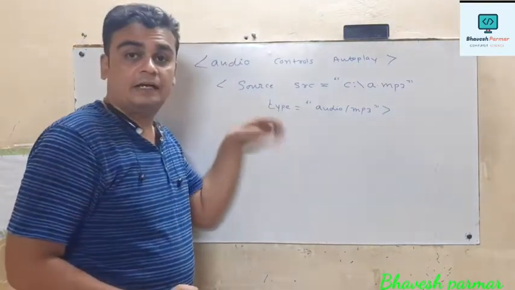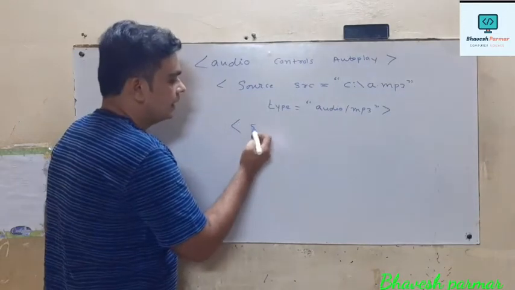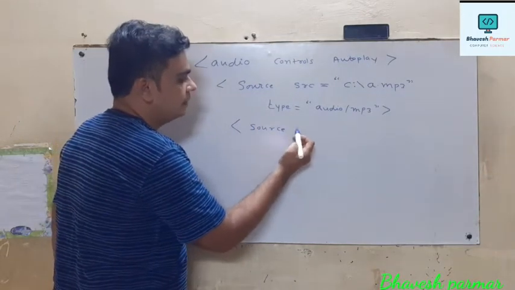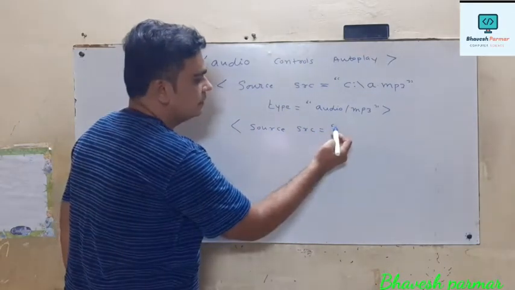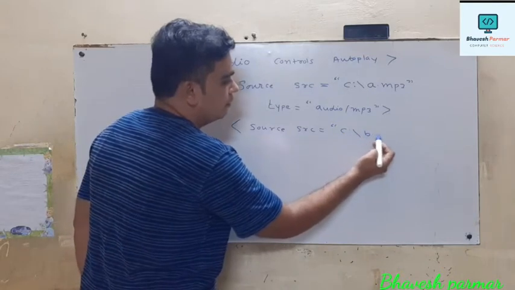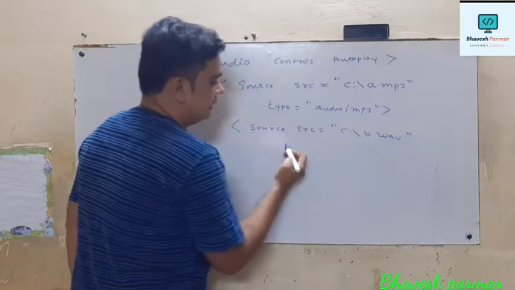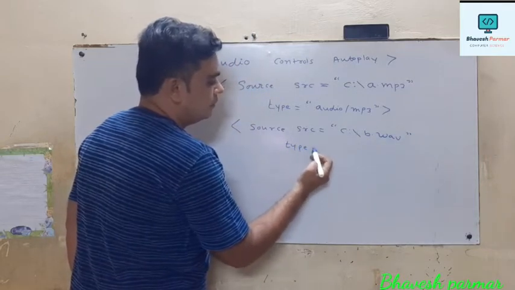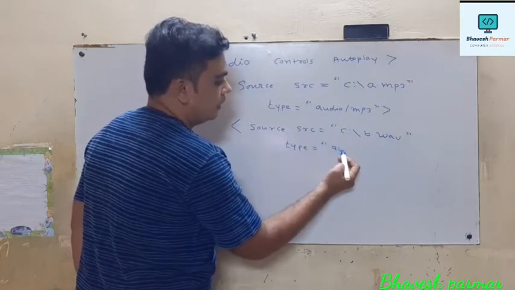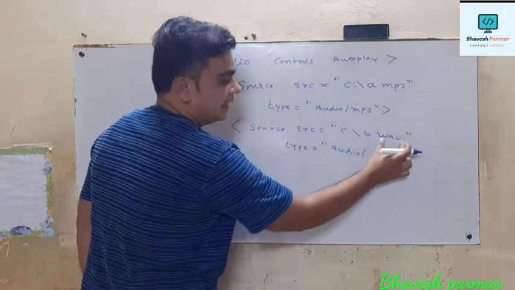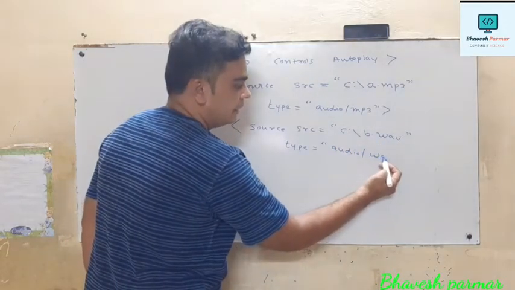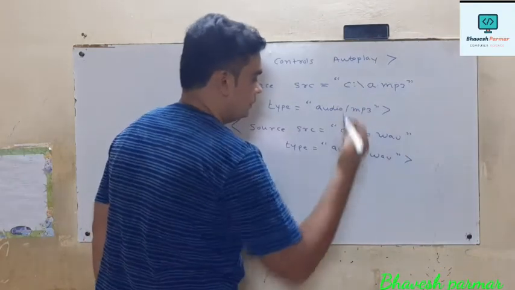Suppose I wish to add another file, so again I use the source tag with src. Suppose here I use b.wave, then type is equal to, in double inverted commas, audio/wave, so that's why here I write wave.